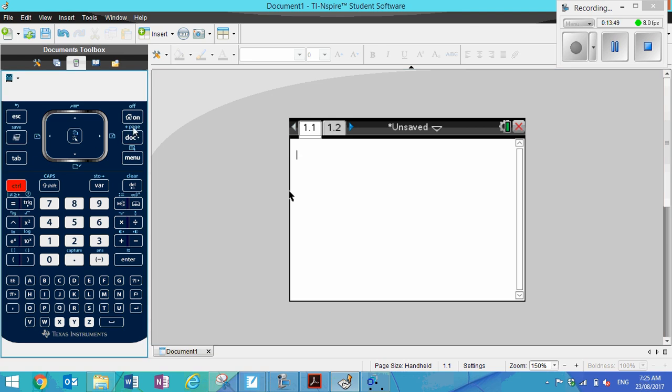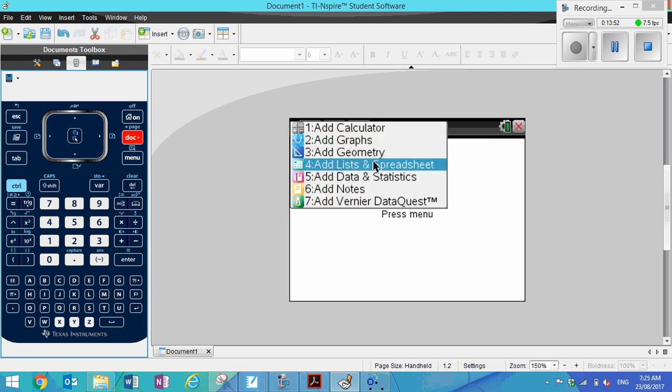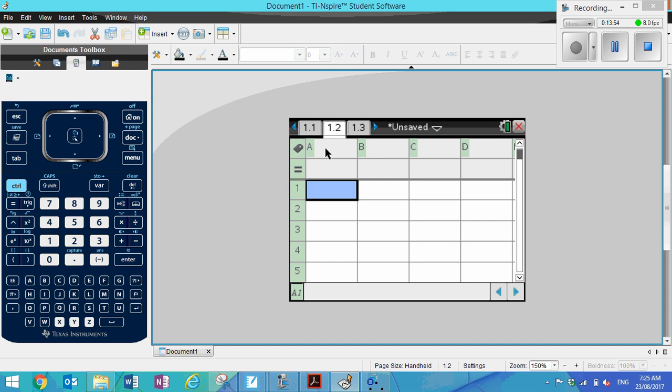I've got a calculator page set up at the moment, and we're doing a list and spreadsheet. In here, let's call this the number of successes. So I'll just call it success. We've always got to have something up the top there. And we're going to have in here our values 0, 1, etc.